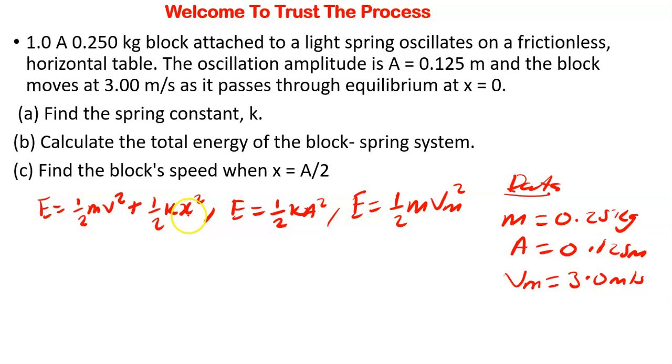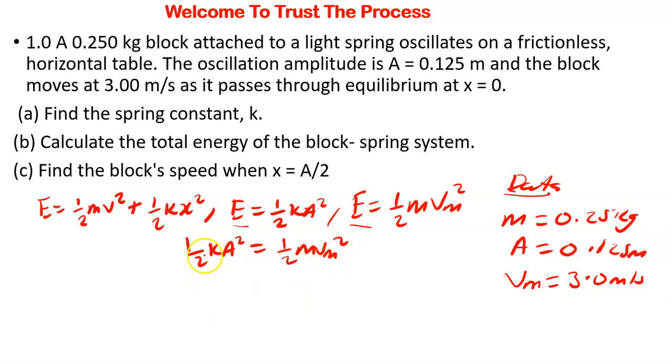And the x here isn't the same as the amplitude; it has to be less than the amplitude. So we can equate equation 2 to equation 3, because both are used to find the mechanical energy. So we'll say 1/2 ka² is equal to 1/2 m v_max².